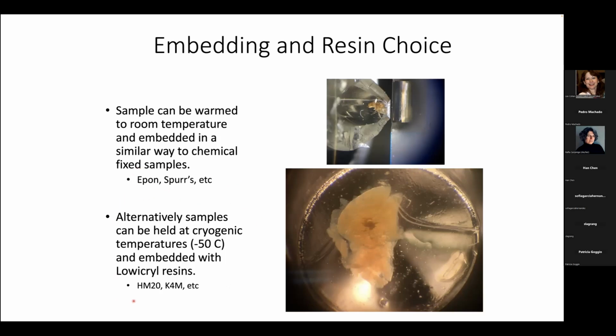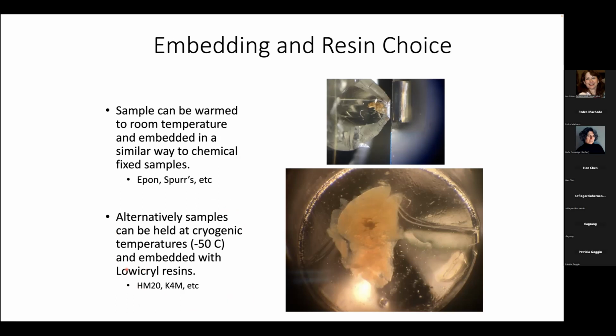Or what we do a lot of is that we hold our sample at -50 and we embed with a lauryl resin, generally HM20, but we have used K4M also for different applications. But HM20 is the best. If you're going to do CLEM, correlative light electron microscopy experiments, you would definitely go into a lauryl resin and hold it at that temperature.